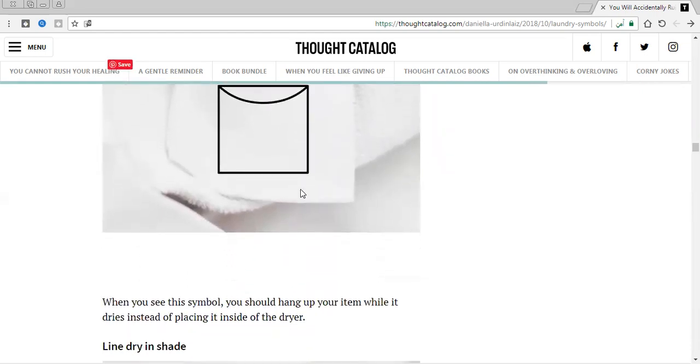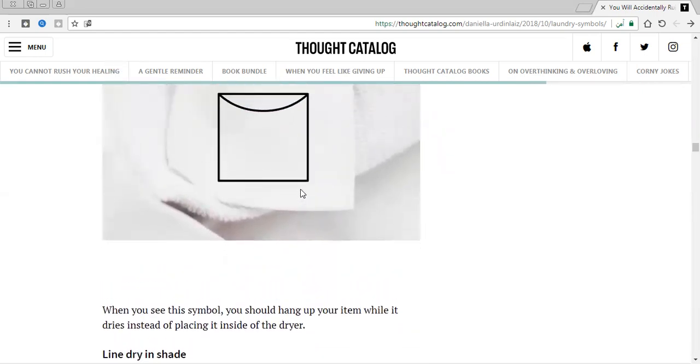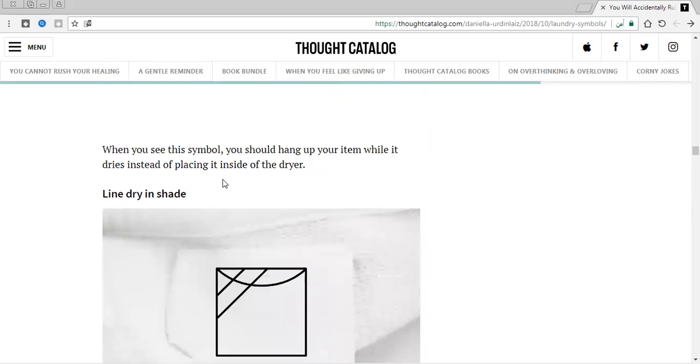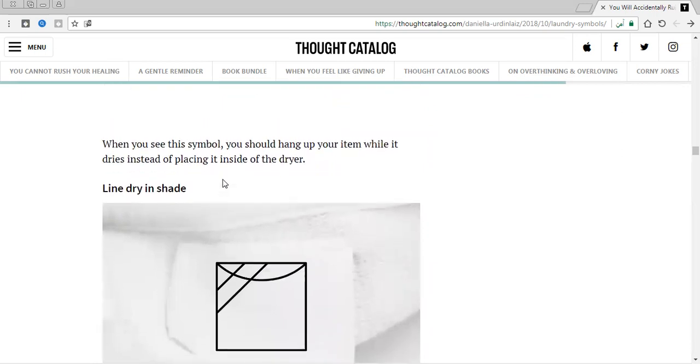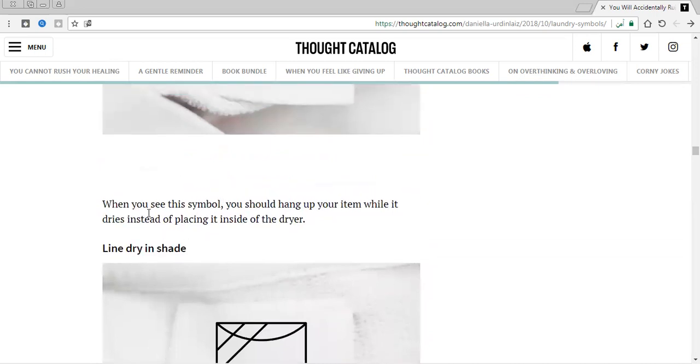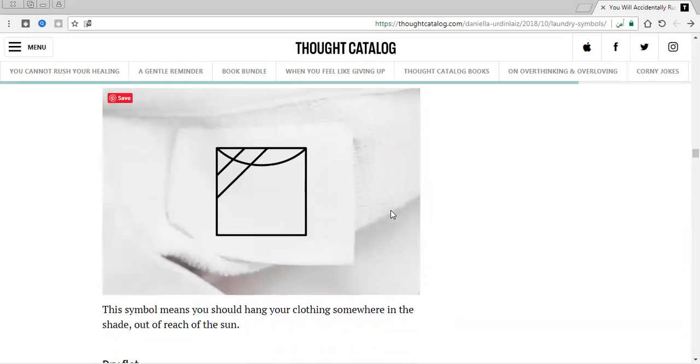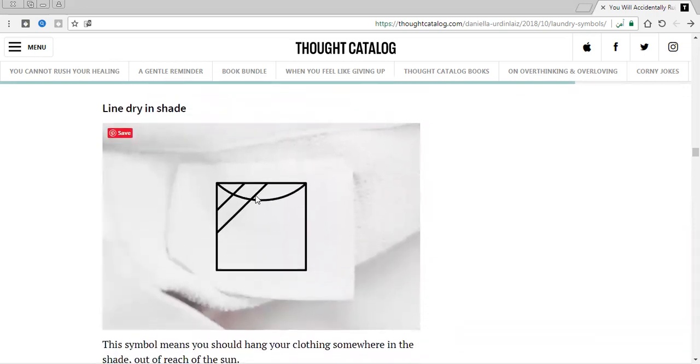Now, if we have this shape, that means line dry. Okay, now look at this symbol.